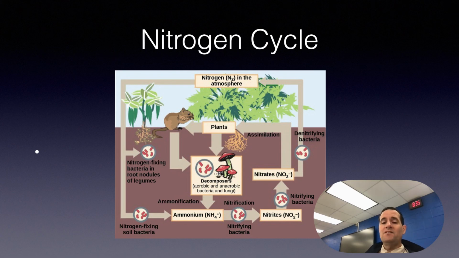Some nitrogen fixing bacteria like Rhizobium live in symbiotic relationships in the roots of legumes. Now, we've talked about this, how the bean plants have bacteria on them. They're able to use nitrogen from the air to basically fertilize the soybean plants, okay?